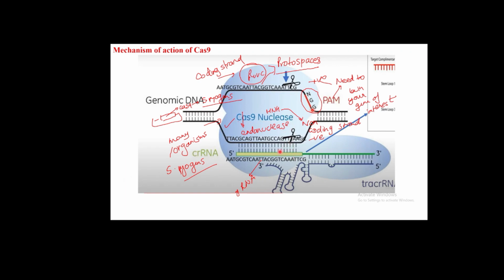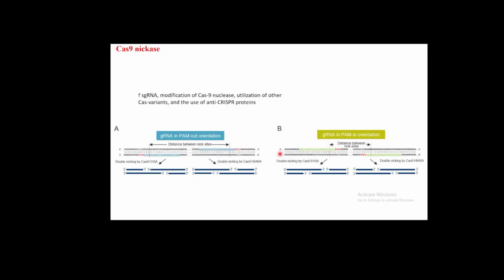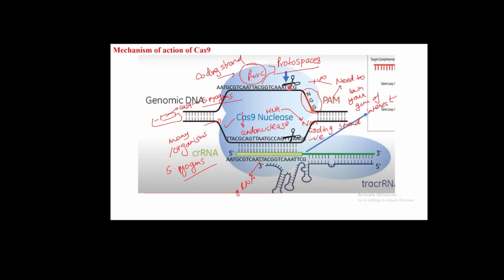This is also known as nicking, and it is very good if you want to reduce the off-target effects. Whenever there is repair, suppose there is a double stranded break, then there will be insertion and deletion of certain bases.